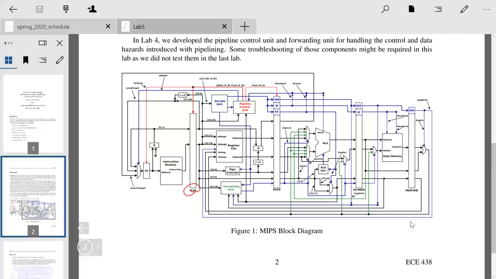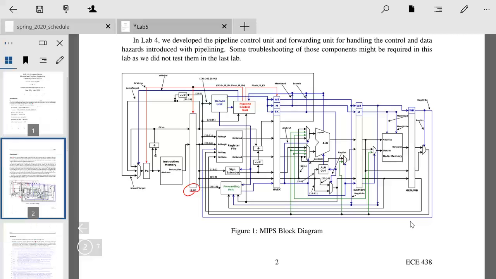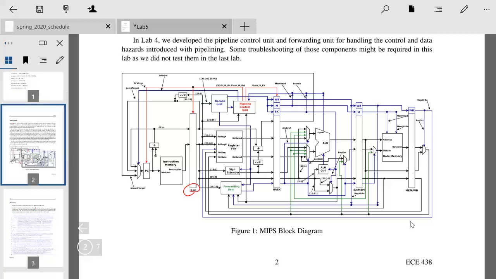But we're going to be adding in these pipeline control registers right here. Okay, and I have a convention that I recommend you use for naming your signals. The reason is that in the single cycle design, we didn't have duplicate signal names, but in the pipeline design, we do.